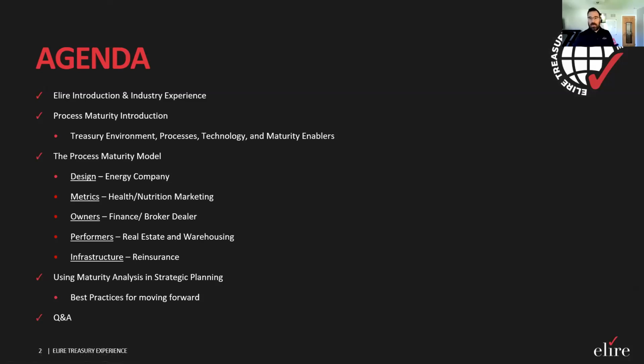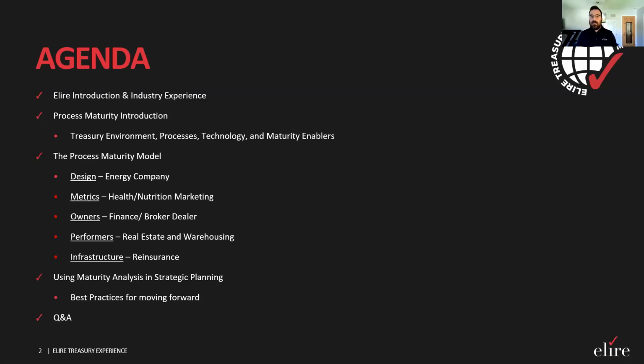So, a quick overview of what we're going to be doing today. We'll do a quick overview of Elire's treasury experience. I know that a lot of you have probably attended other sessions, so we're not going to spend a ton of time there. Once we get through that, I'll introduce the concept of process maturity and how it relates to today's treasury environment, processes, technology, and maturity enablers.